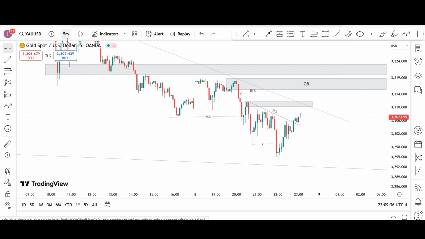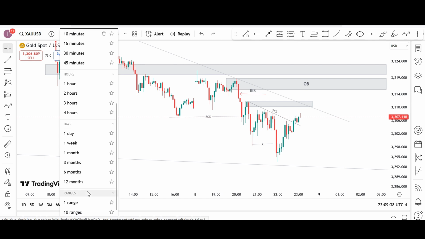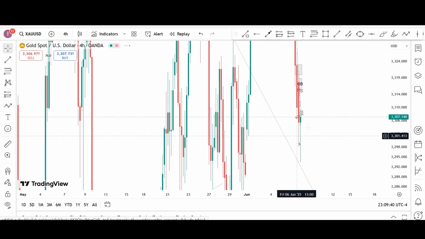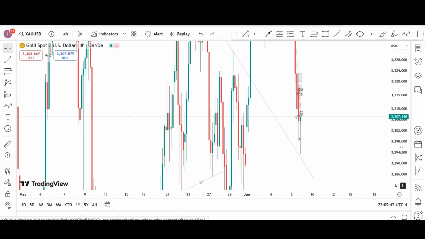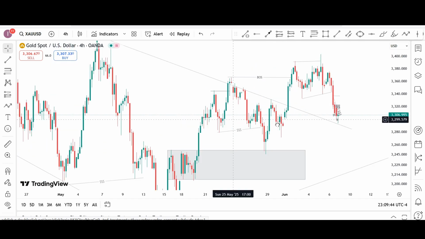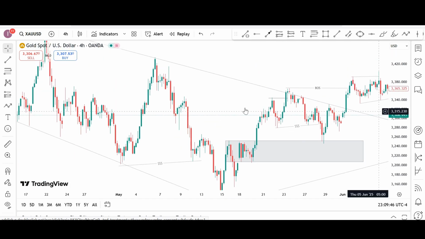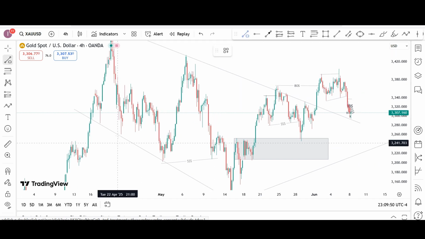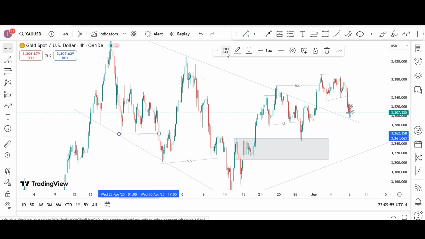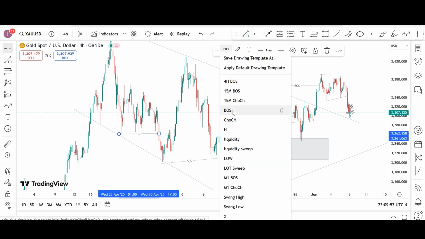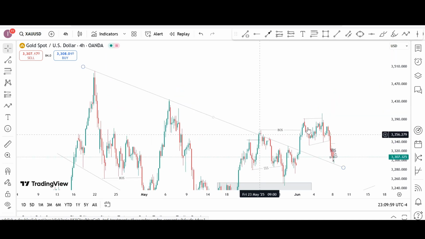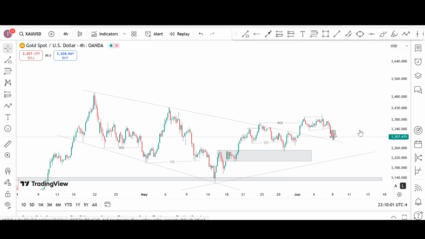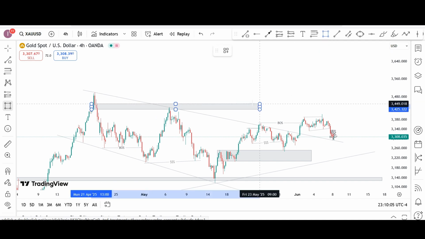So quickly before I end this video, I want to talk about the bearish case scenario real quick. The bearish case scenario, we can quickly see that price has given us this break of structure. We have this BOS and we have price coming back to this order block.